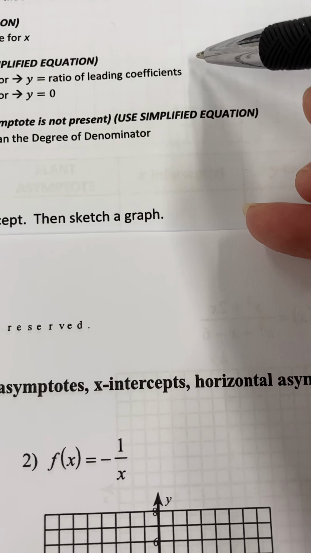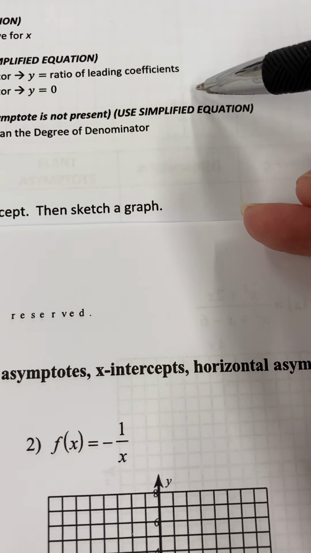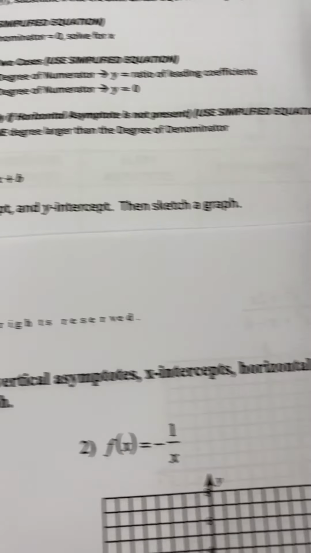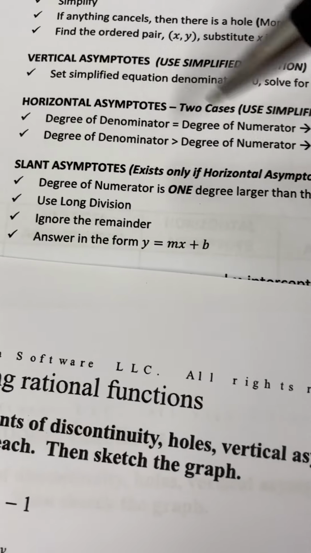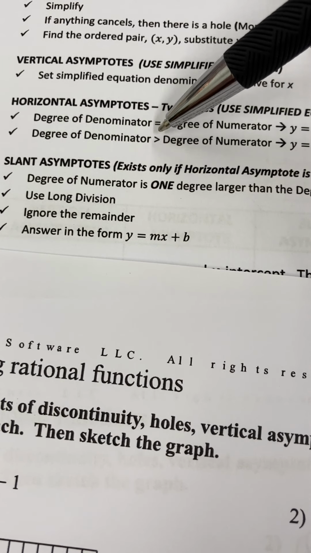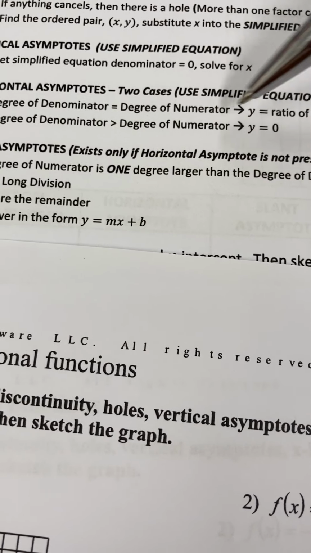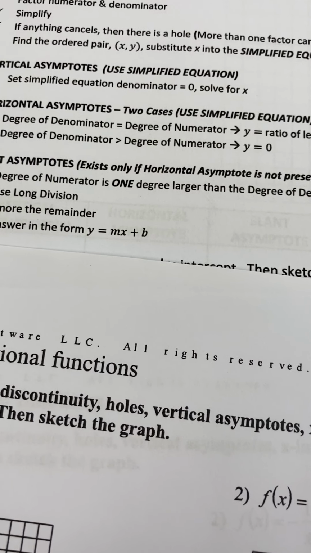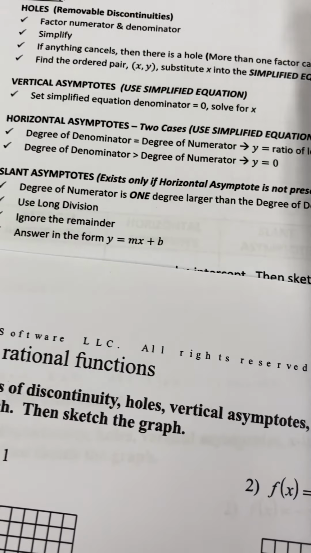That means if your coefficient on the top is a 3 and the bottom one's a 4, then at y equals 3/4 you're going to have a horizontal asymptote. If the degree of the denominator, which is the bottom, is greater than the degree of the numerator, then your asymptote is going to be at y equals 0, which happens to be your x-axis.